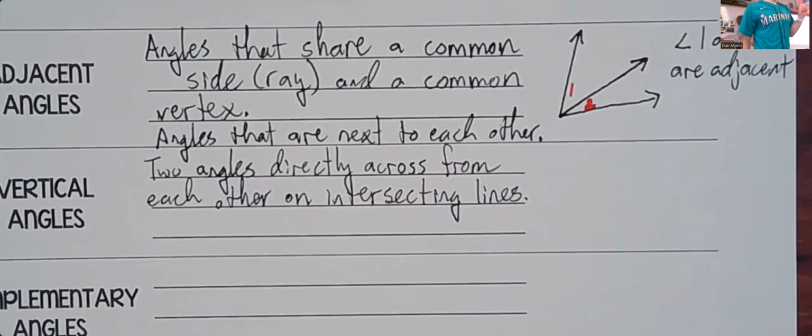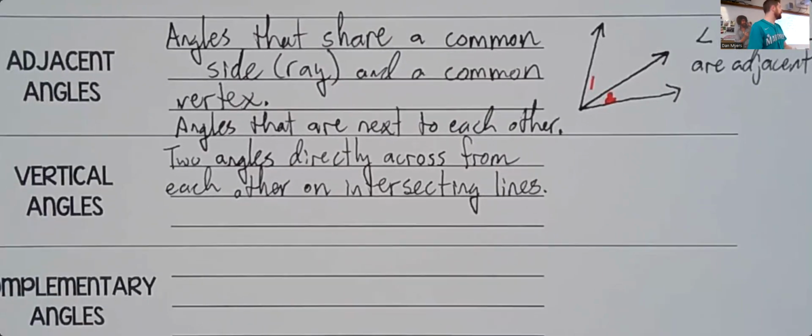But we're going to write one more thing with vertical angles. And this next thing is super important. This is something that you will use all year long, I promise. There is a specific relationship between vertical angles. And that relationship is they are congruent to one another.